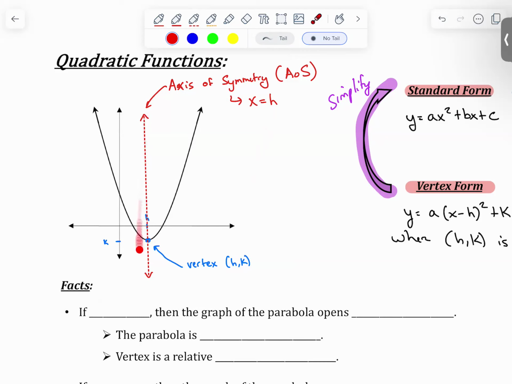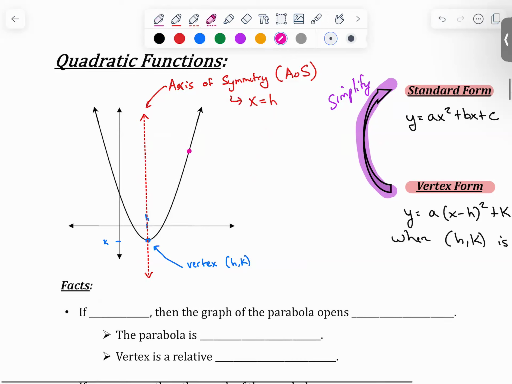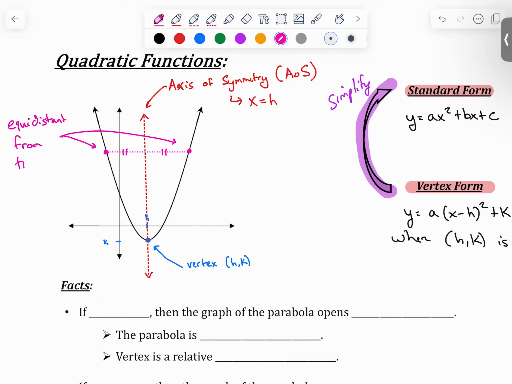And so to visualize what the axis of symmetry is, imagine I take a point right here, and then I'm going to draw a dotted line. Over here, these 2 points are equidistant from the AOS.